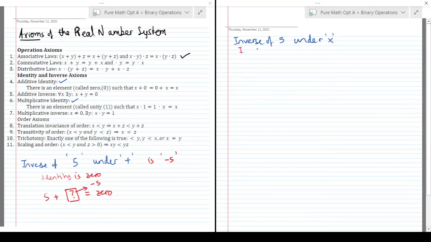The identity under multiplication is 1, unity. So what is 5 multiplied by what going to give me unity? And obviously the answer there is 1/5. So the inverse of 5 on a multiplication is 1/5.